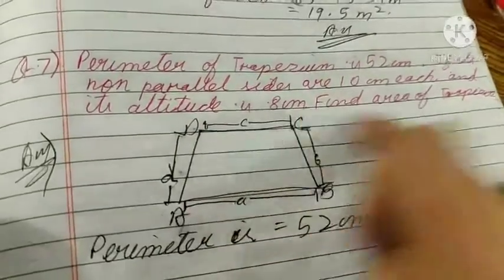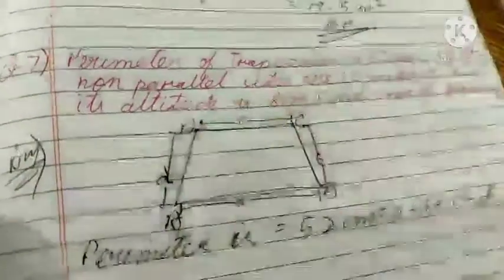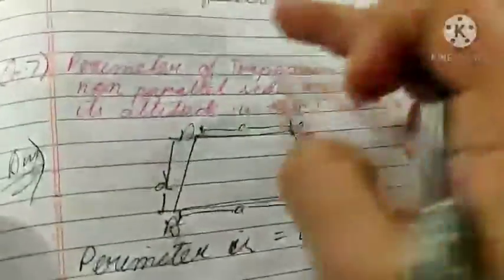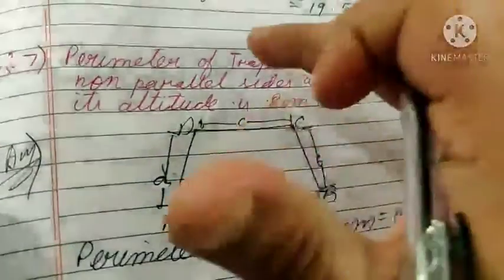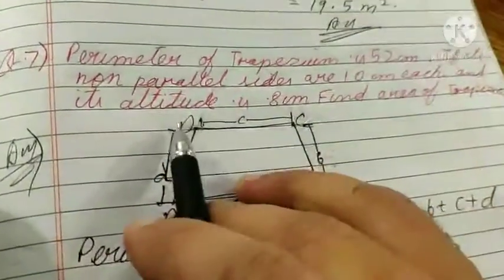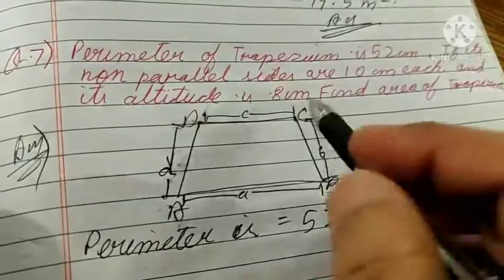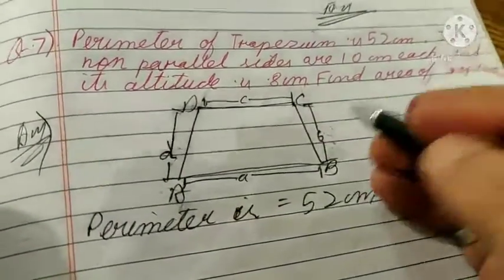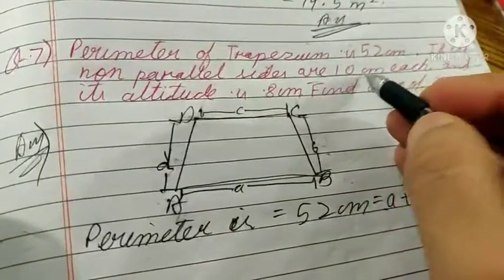If we extend them further or backwards, they will never intersect. But if we extend BC and AD back or front, they will intersect somewhere at this point. So this BC and AD are non-parallel sides and they are given as 10 centimeters each.